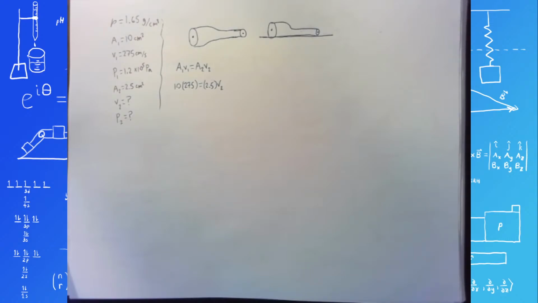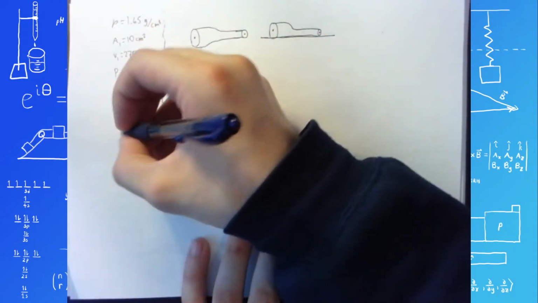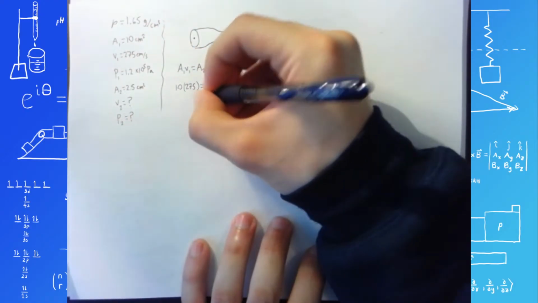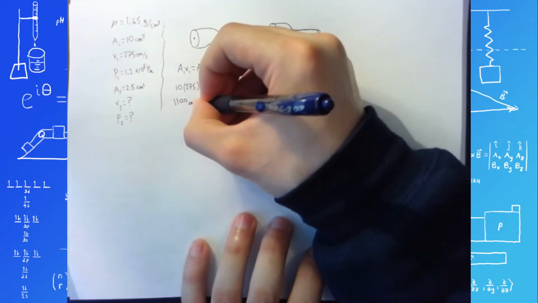Let me get out of scientific mode for a second, and that's 1100, right? I knew that without a calculator. Anyway, V2 equals 1100, and that's in centimeters per second.